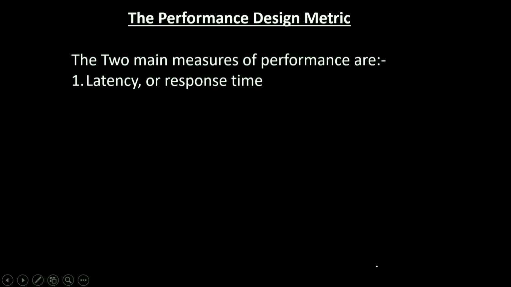For example, processing an image may take around 0.2 seconds. And next one is throughput, the number of tasks that can be processed per unit time. For example, a camera may be able to process 4 images per second, or if you take latency as response time 0.2 second, then it can process around 5.